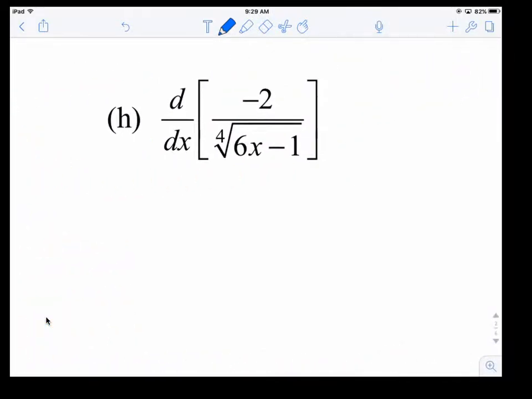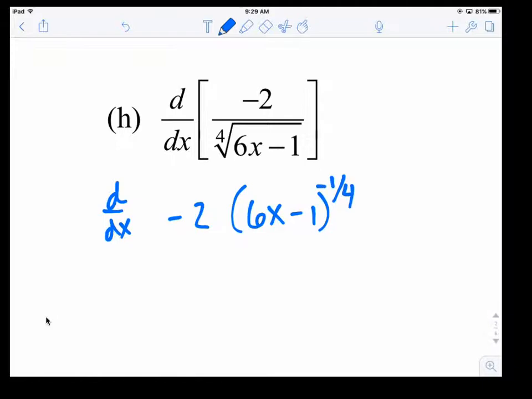All right, letter H. You got -2 over the 4th root of 6x minus 1. So d over dx, we have -2. I'll multiply that with 6x minus 1 to the -1. Right.